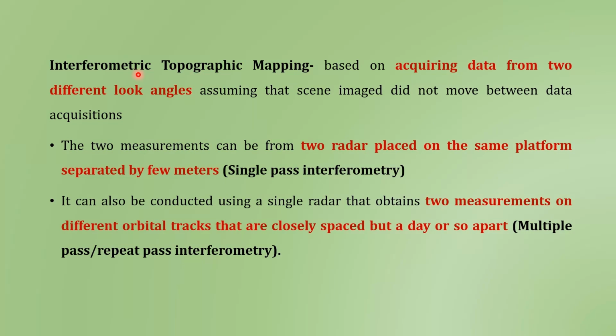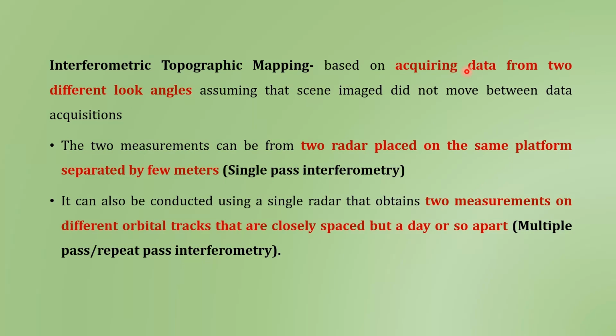So, this interferometric topographic mapping is based on acquiring the data from two different look angles. And here we assume that the scene which we are imaging did not move between the data acquisitions.